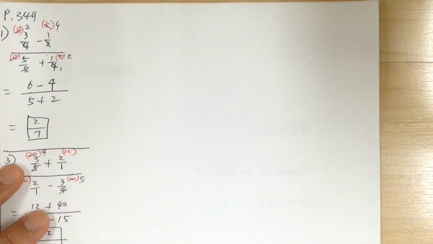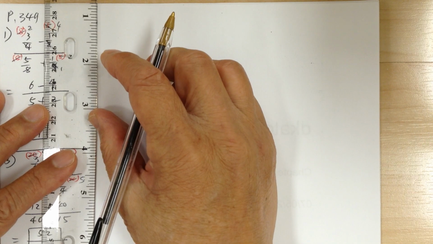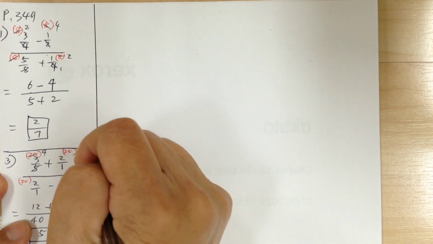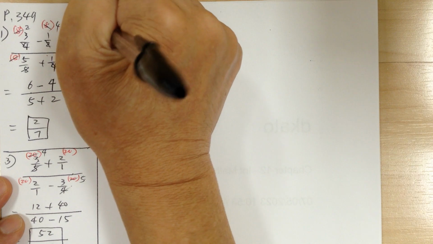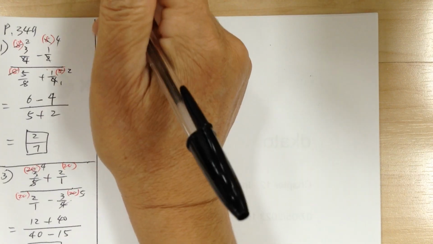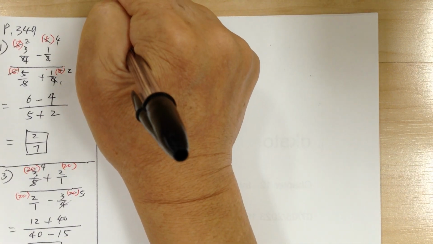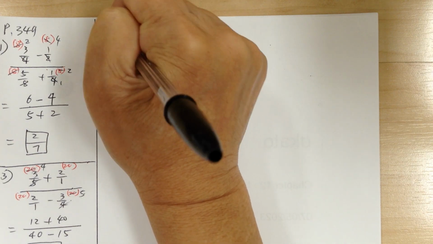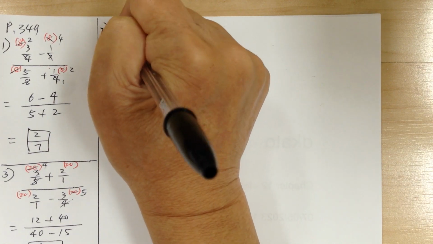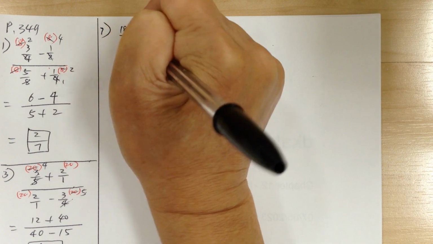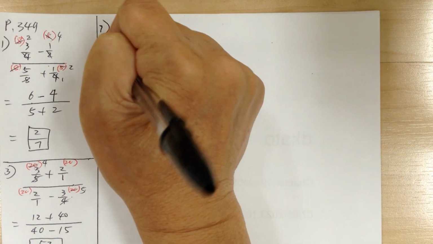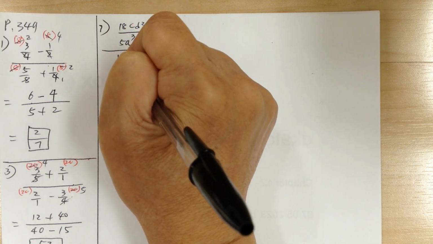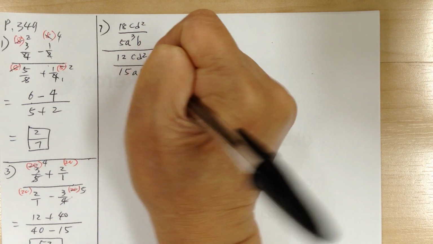Okay, let's go to the next one. Number 7. Okay, so you got 18cd squared over 5a cubed b, over 12cd squared over 15ab squared.